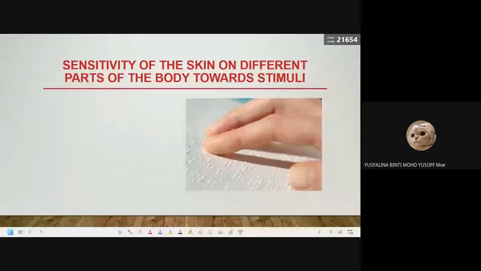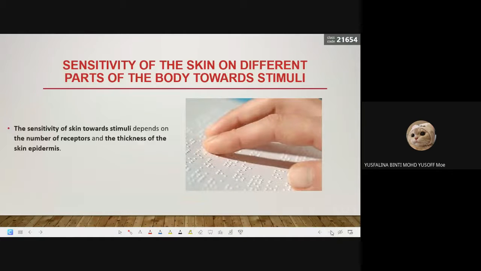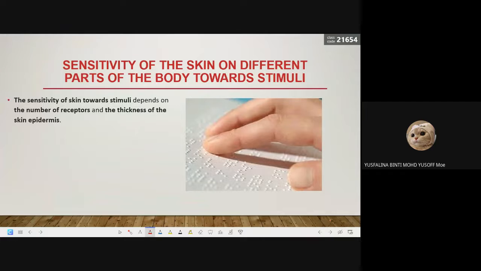So, the sensitivity of the skin on different parts of the body towards stimuli. So what are the factors that influence the sensitivity of the skin? Okay, so the first factor is the number of receptors, and the second one is the thickness of the skin epidermis. Let's say on your fingertips, right?